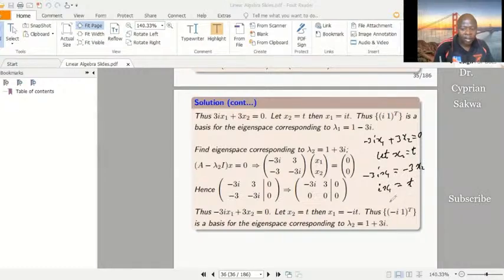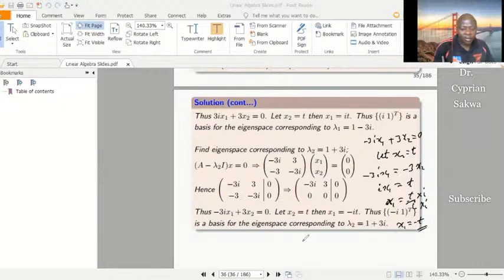So that x1 would be t divided by i. And do the same thing we did to get that x1 would be negative ti. When you multiply this denominator by i and this numerator by i, and realize that i times i will be negative 1, this will be ti divided by negative 1, which gives you negative ti.